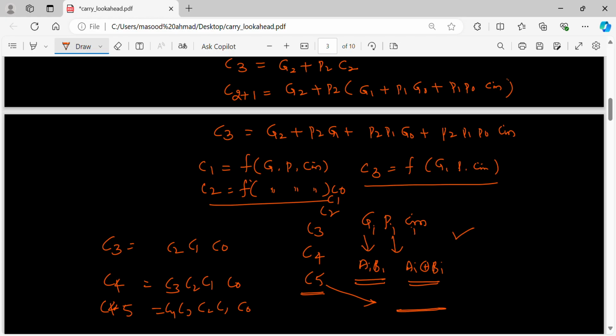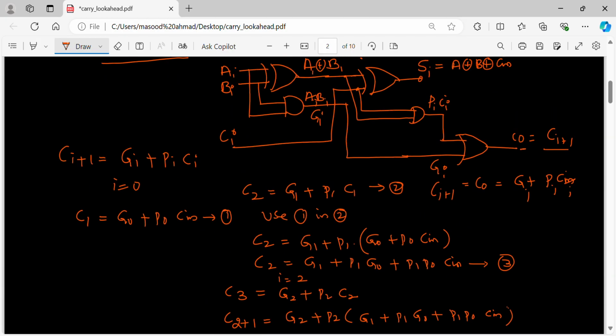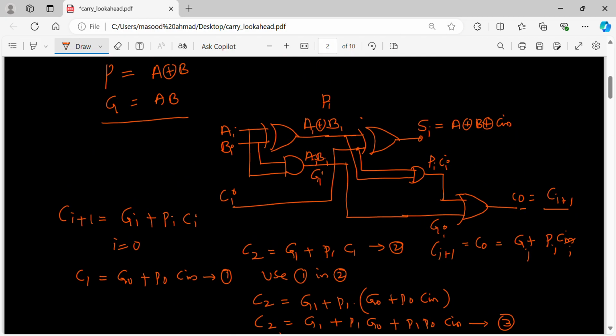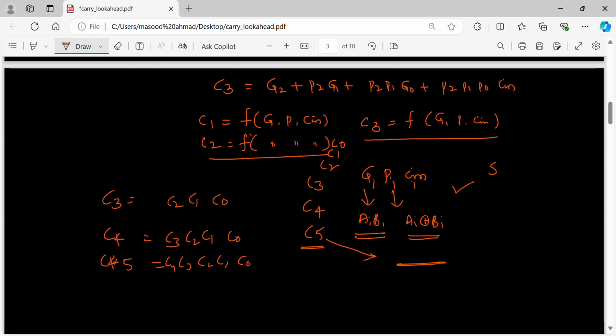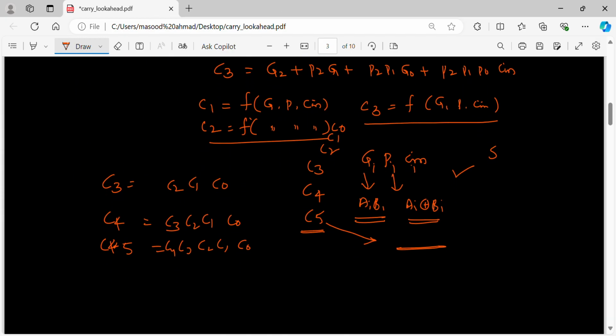Okay, how do you get the sum? The sum Si is nothing but Pi XORed with Ci. So once I know any carry of my interest, the sum is nothing but Pi XORed with Ci.